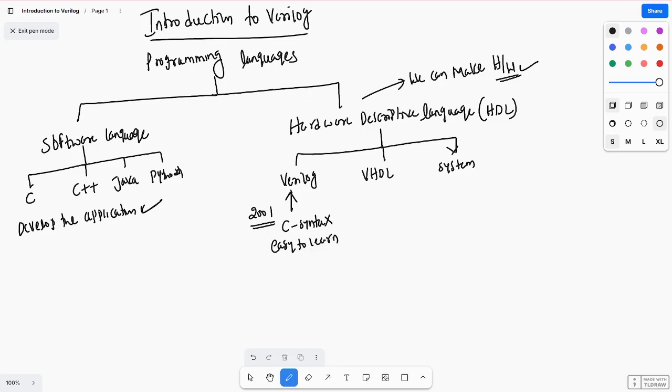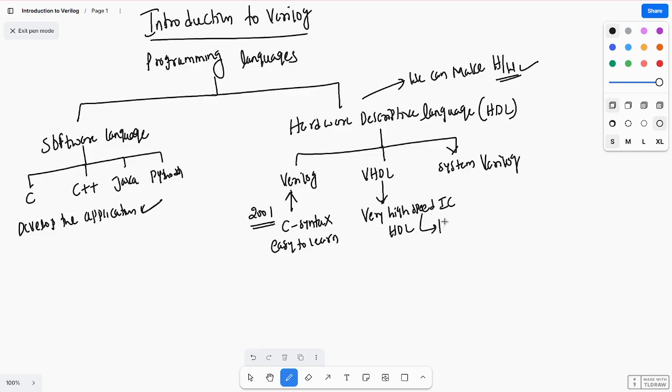Some levels of abstractions are there, four levels of abstractions, that we'll discuss. And VHDL, do you know what is the full form of VHDL? Very high speed integrated circuit hardware descriptive language.